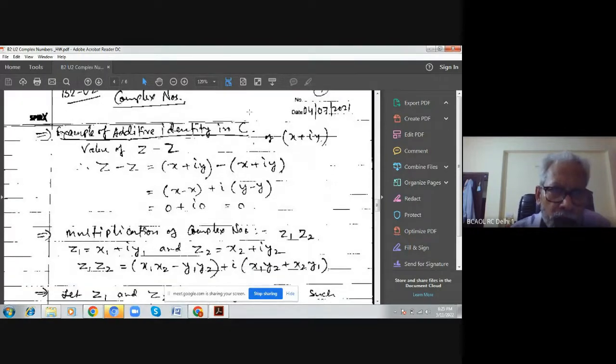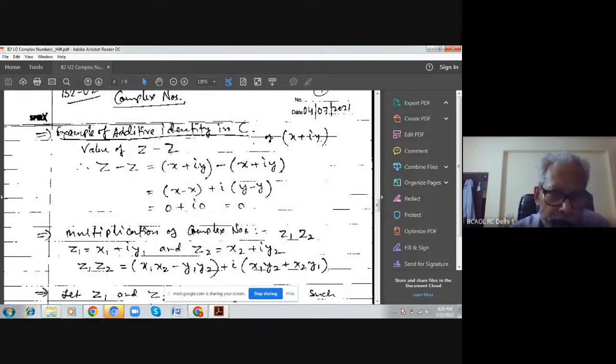Now an example of additive identity in complex numbers. How to add it? There are two complex numbers, x plus iota y and minus x plus iota y.